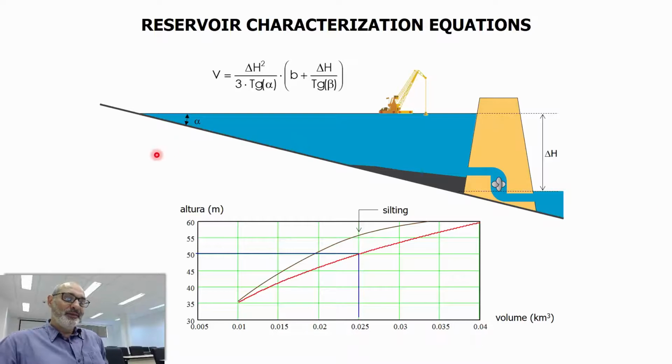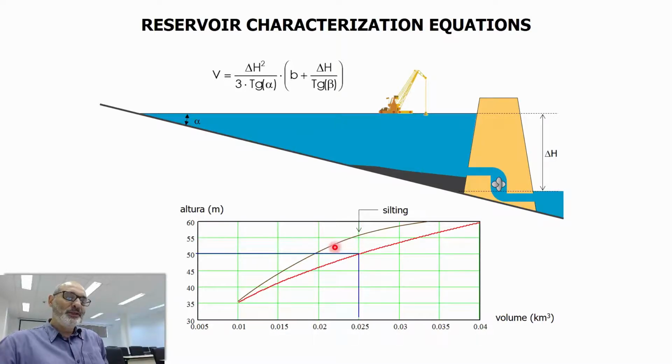Another problem that is interesting to emphasize is the effect of silting. You have material that is constantly being deposited on the bottom of the reservoir, and this solid material occupies volume. So over time we have what we call silting, and for a given volume you have a higher height in the reservoir.